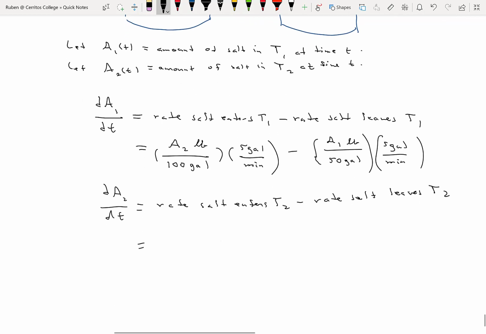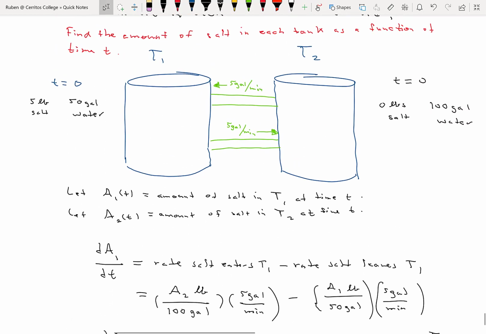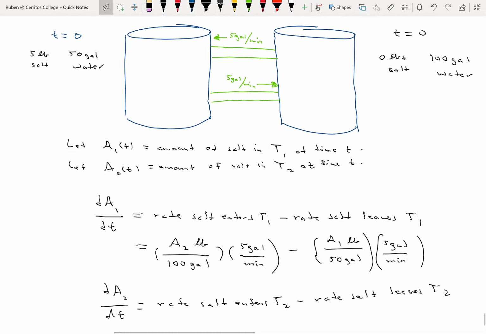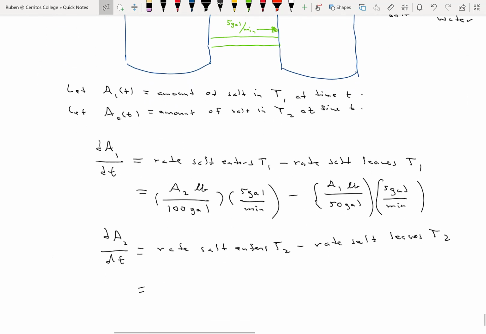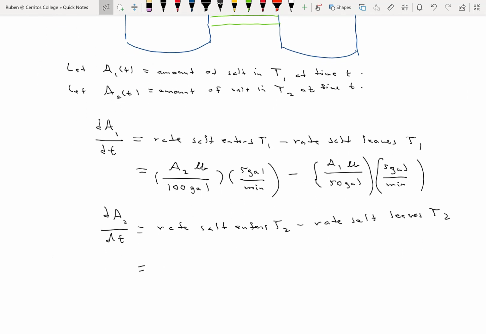So, back to our drawing, how fast is salt entering the second tank? Well, we know how fast the liquid is moving. It's 5 gallons per minute. But how fast is the salt entering T2?